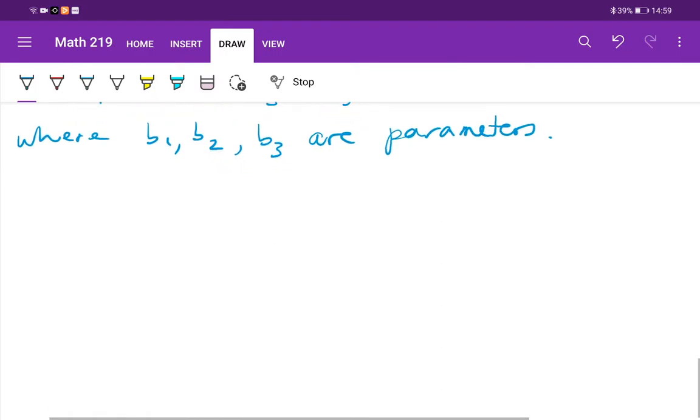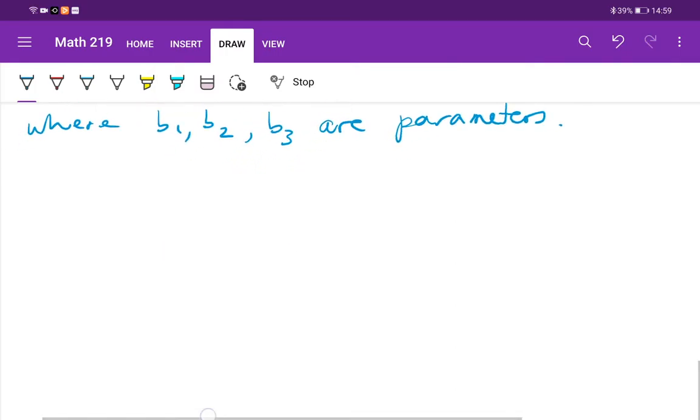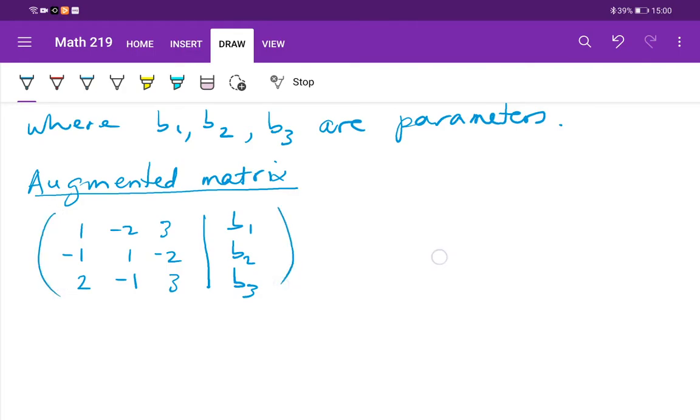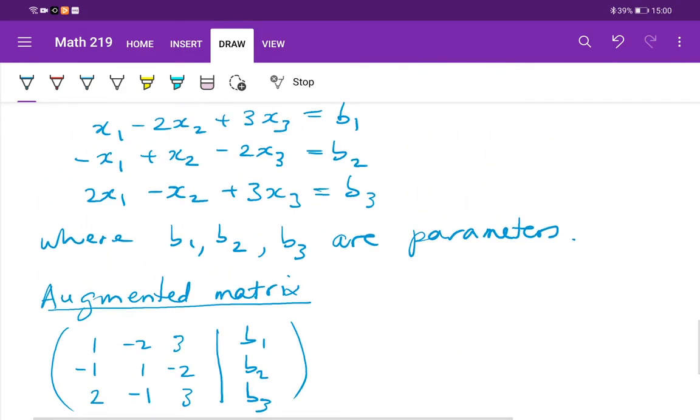So the augmented matrix is 1, -2, 3, -1, 1, -2, 2, -1, 3, and then b1, b2, b3. Okay, so this is the augmented matrix of this system.